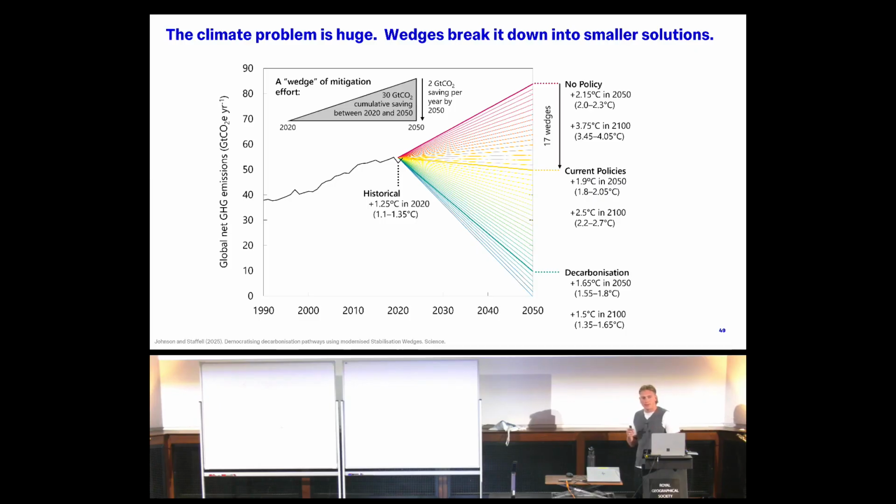Everything that's happened and been stated today is captured in this current policies scenario. 17 wedges. So while it's an admirable effort, we see that there's still a long way to go before we bend that curve down to 1.5 degrees. A further 20 wedges, more than a doubling of existing efforts, is needed to keep us on track for 1.5 degrees.